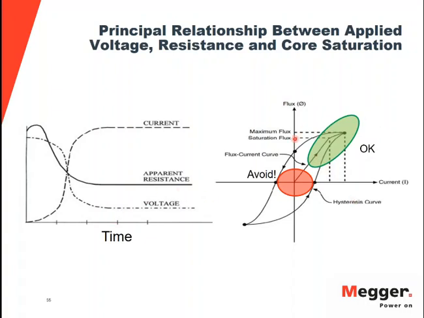If you look at the hysteresis curve, it is recommended not to have small levels of current, because then you are operating in the nonlinear region and you may not get a reliable measurement. Your best bet would be to saturate the core of the transformer and then have enough current which would stabilize, and then you get your measurement. So try to operate in this region to get reliable measurements.